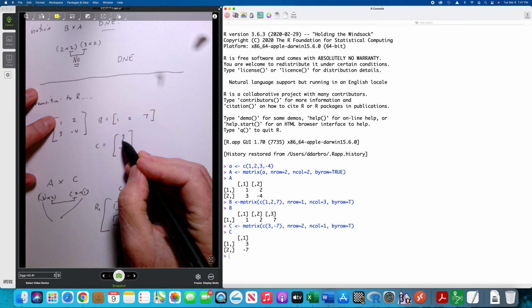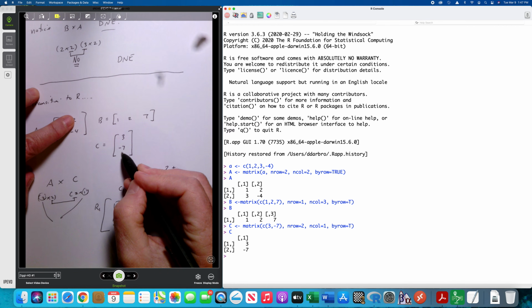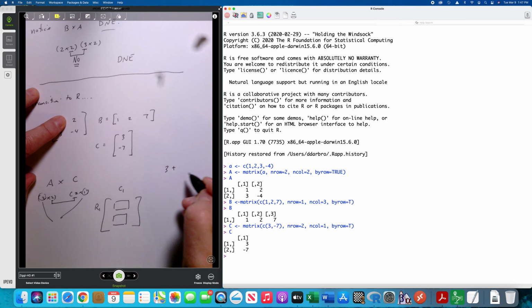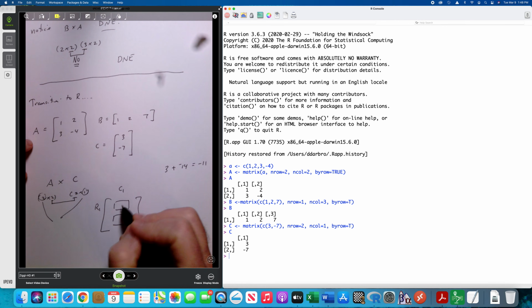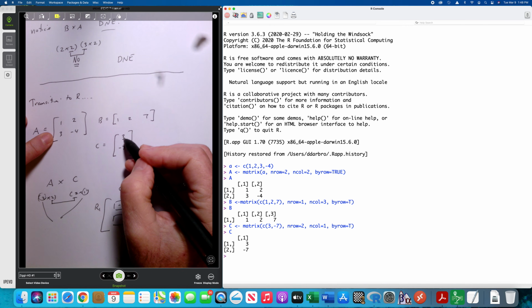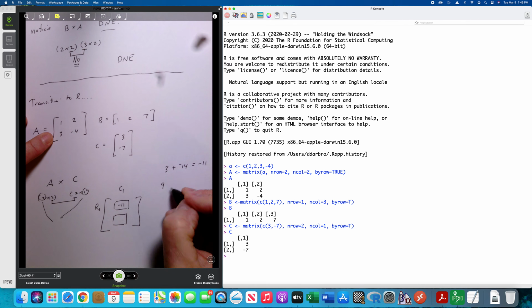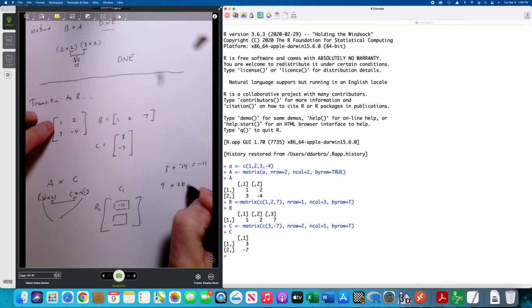So I get 3 times 1 plus -7 times 2. And if my mental arithmetic is correct, that should be -11. The next thing I would do is row 2, column 1. So 3 times 3 is 9, plus 28 is 37.